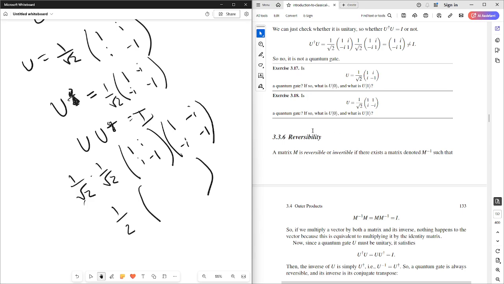into our form here. So what we want is a 2 by 2 identity matrix, like this, with ones on the diagonal.